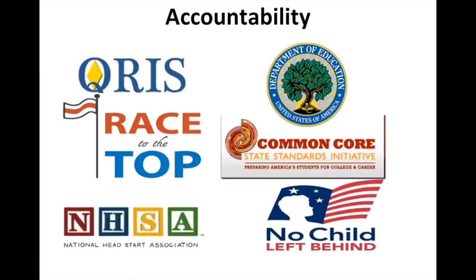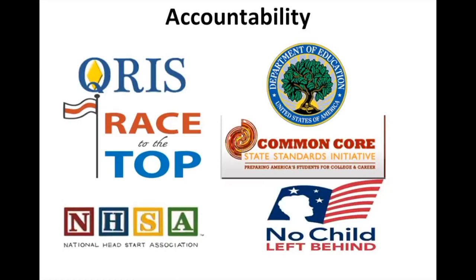So we need to be very careful that we don't start mixing the tools that we use for one purpose for these purposes. It's sort of a little bit new still in our field of early childhood. We're still trying to find our way, and oftentimes we might pull from K-12, or we might use existing tools and try to adapt them in some way to meet our needs or to meet the pressures under accountability.